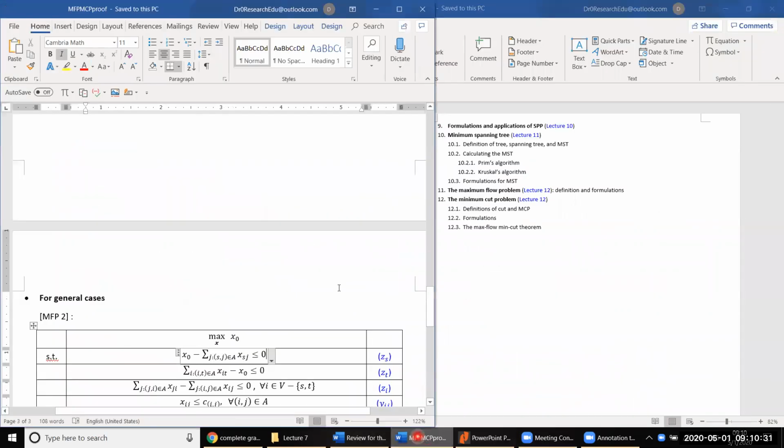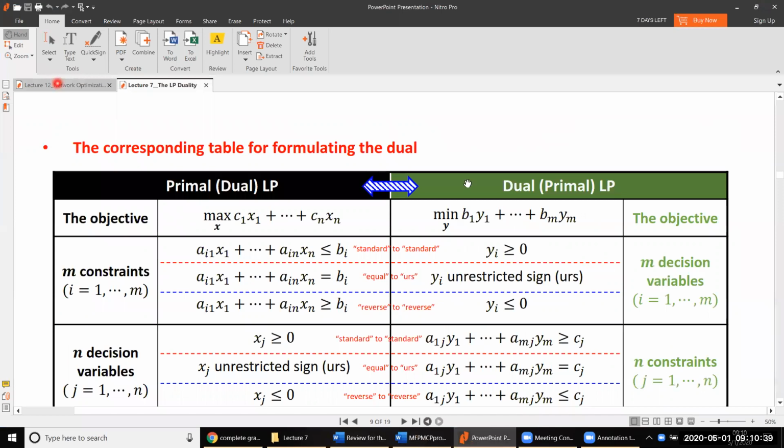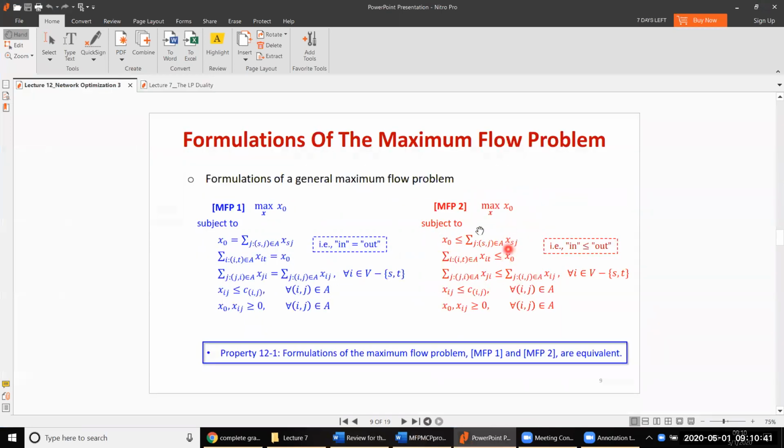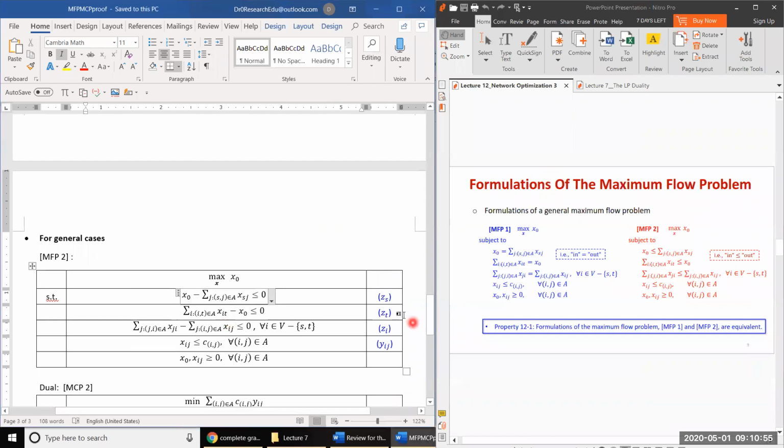That's the reason why I want to move this one in this way. If you write it in the other way, the right-hand side is not a constant. It's still related with this kind of x_j, x_0. That's the reason why I want to write it that way. Okay, so let's start from this formulation to see what its dual is.